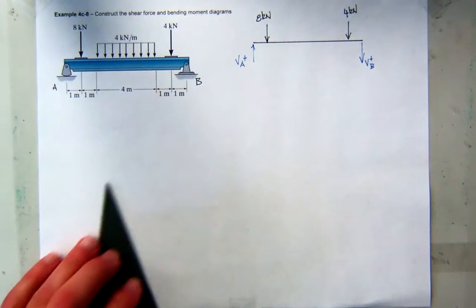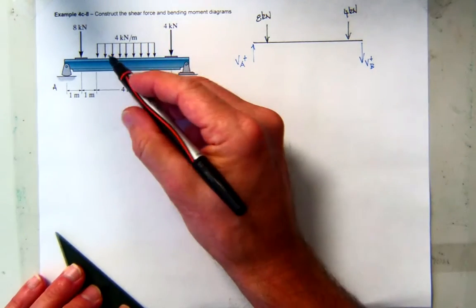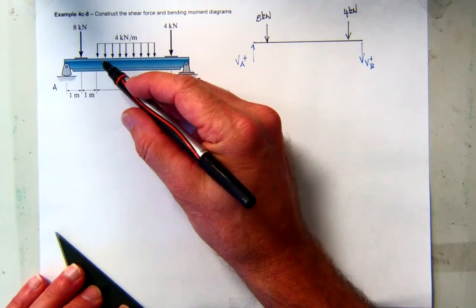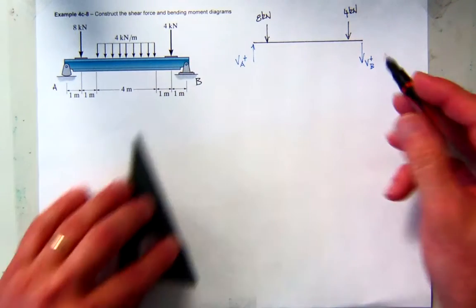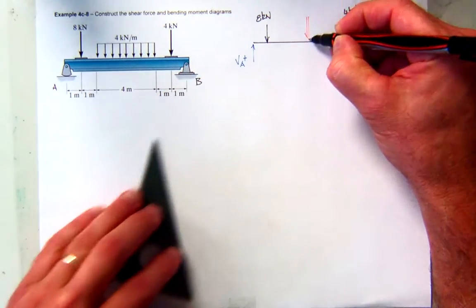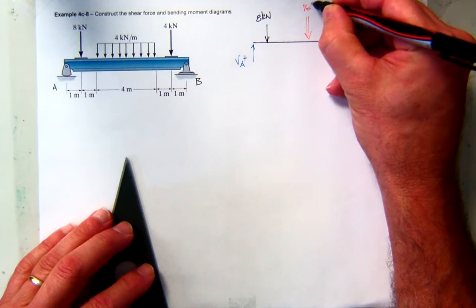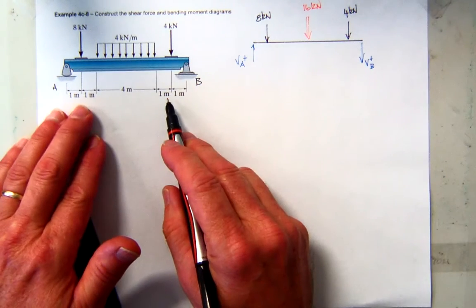And then I'll replace this distributed load with a concentrated equivalent. So the area of the load is a rectangle, so it'll be base 4 meters times height 4 kilonewtons per meter. So that's going to be 16. And it will land right in the middle of this, which is also centered right in the middle.